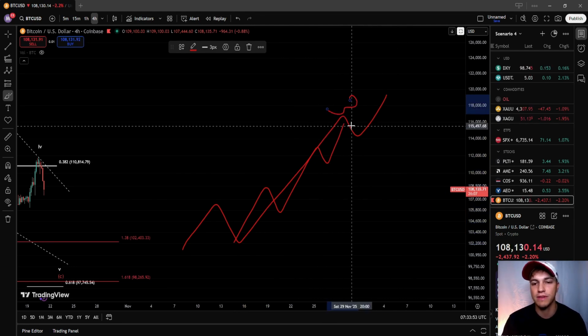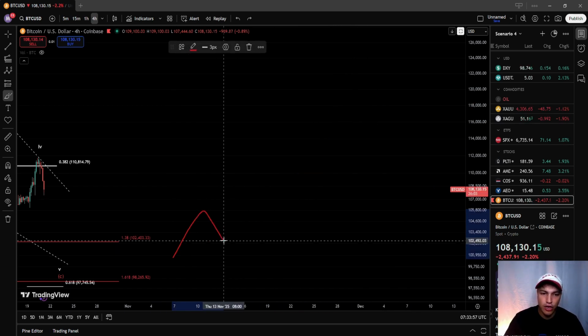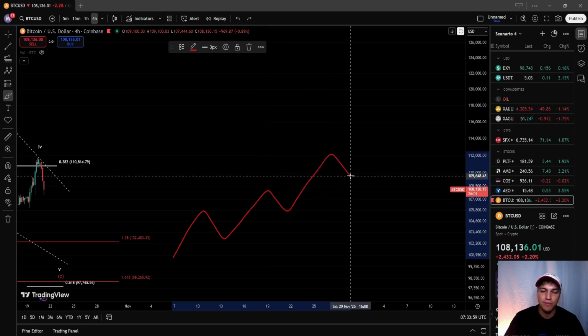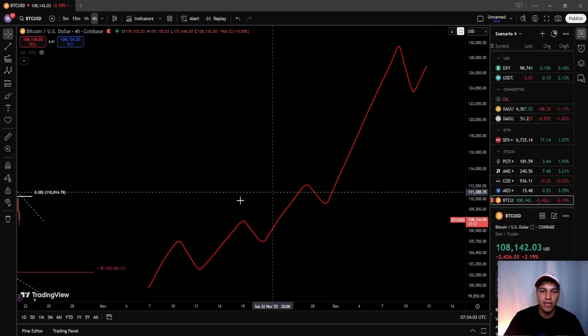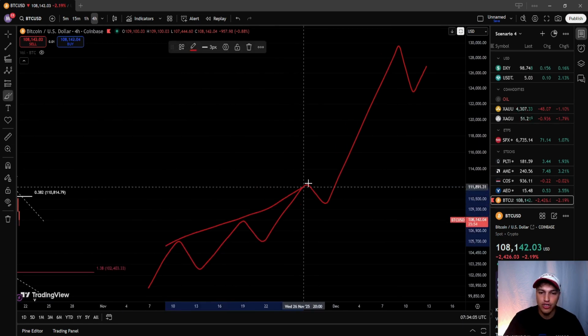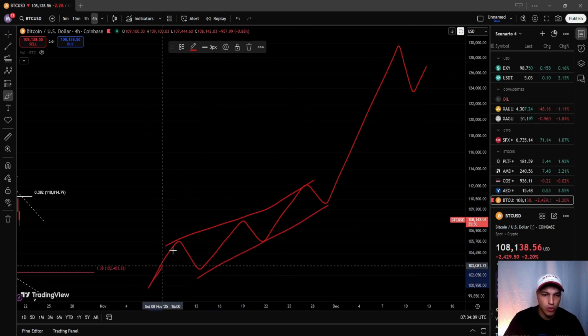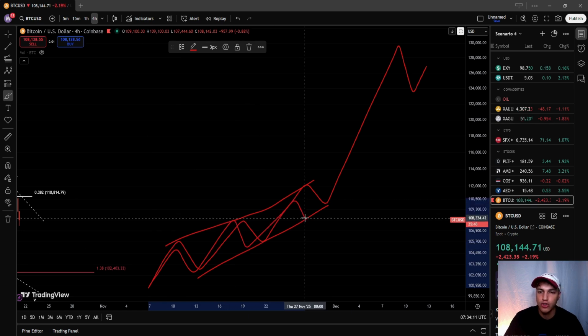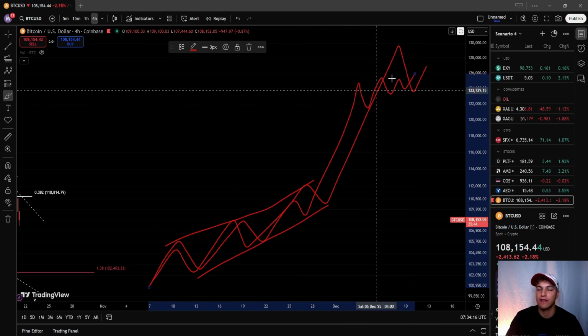Don't know why I'm getting my C's and 3's mixed up today. But if we look, we can count it something like this, where we have a big move towards the upside after a bunch of little moves towards the upside. So we have 1-2, 1-2, 1-2, and then a big breakout in 3, a 4-5, 4-5, 4-5, just like this.